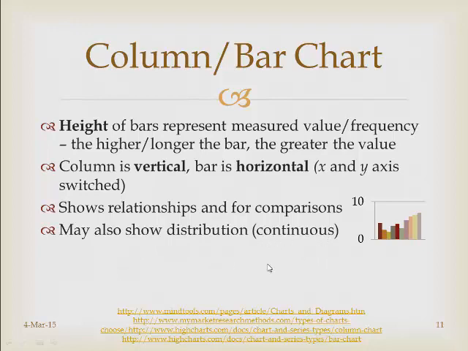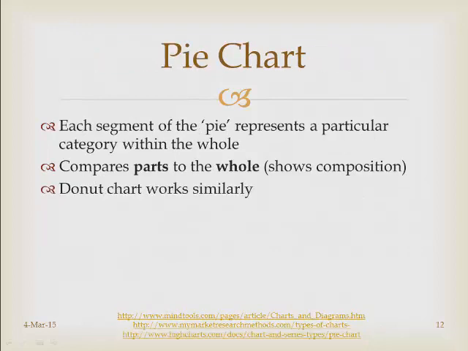For example, something that you can measure, like the length of people's hair, your classmates' hair in the class, right? So you have a measurement and it's continuous from 0 up to whatever, and you can see, oh, most people have longer hair, for example. So that shows the distribution if your measurement is continuous. So this is an example. You can see there are more people on this end of the measurement, right? So that's column and bar charts.